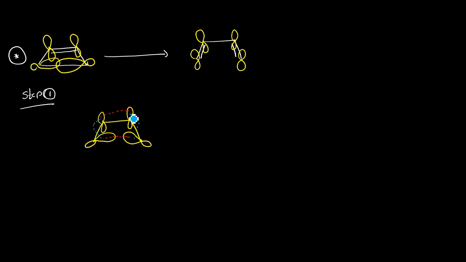Okay, I will draw it like this so we can have it more clearly. Now here this red color means bonds which are going to break. The blue color means the bonds which are going to form.